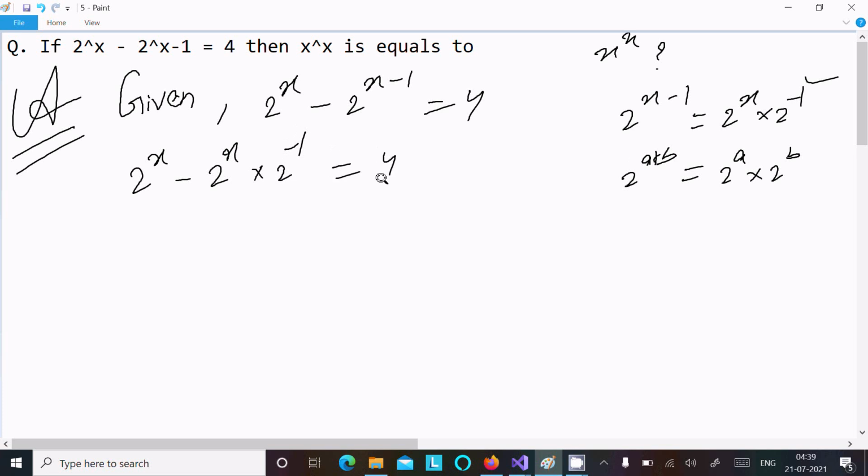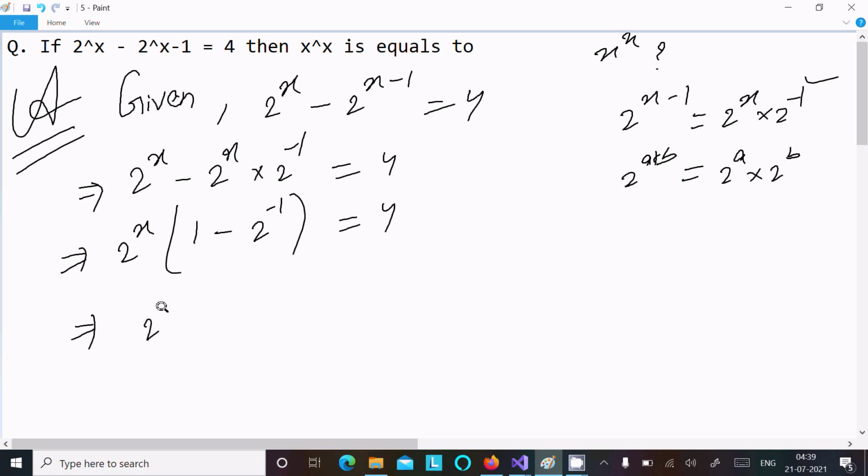After that, you can see 2^x is common, so let's take the common. Here 1 is left, and here 2^(−1) is left, equal to 4.